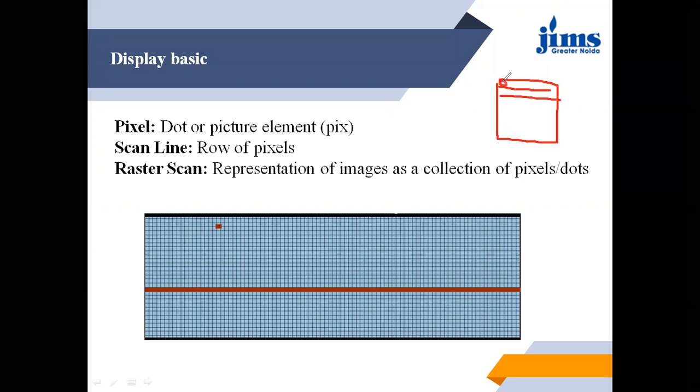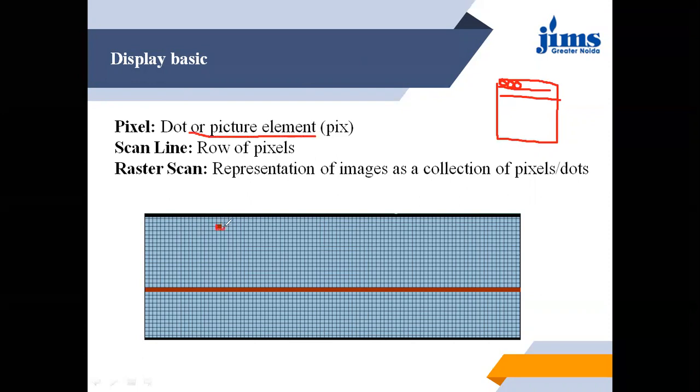This is, suppose, the first pixel, then the second pixel, then the third pixel. So when we have to present an image, the pixels corresponding to that image have to glow, or the value of the corresponding pixels will be high. The rest of the pixels will be low. So a pixel is a picture element, or the smallest part on the video.